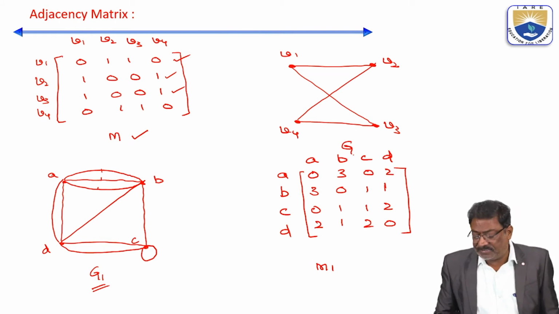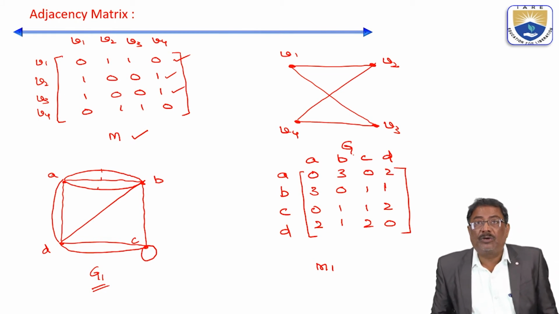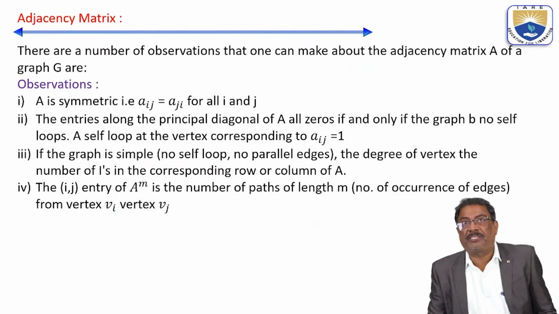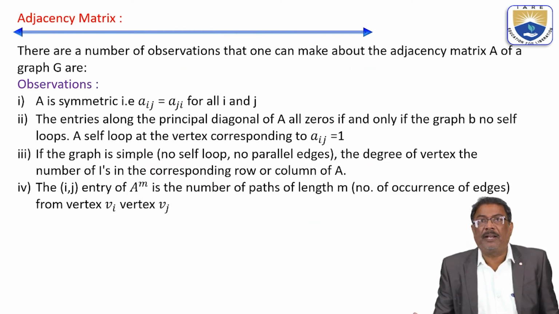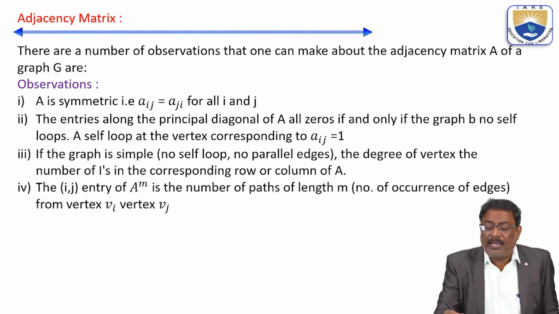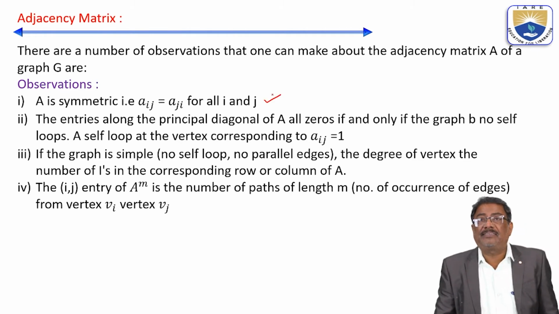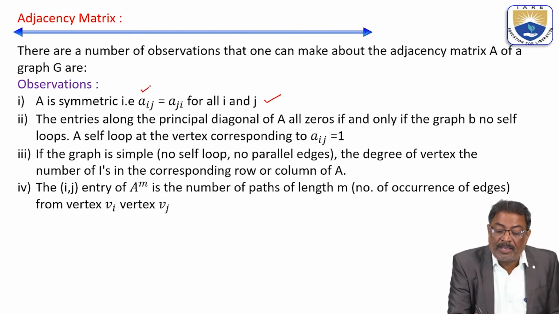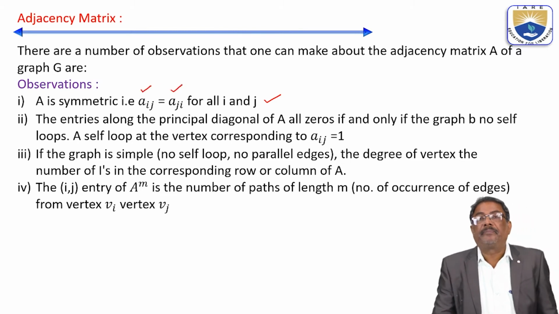Now, among all these things that you are observing, based on that, here are some observations related to the adjacency matrix. Here the matrix is symmetric whenever Aij equals Aji.